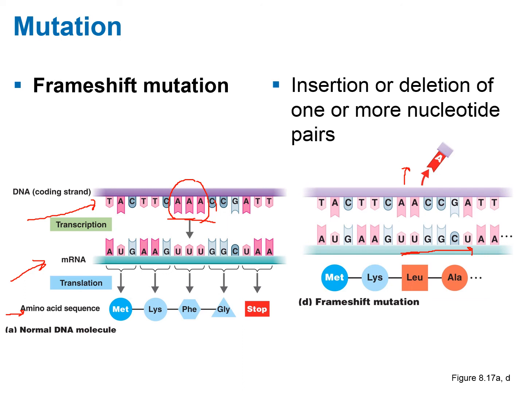So instead of getting UUU, we have UUG, and then we have GCU, and then we have AA and whatever comes after. The important thing is we lose the stop codon, and every amino acid after that point where the mutation happens, every amino acid is wrong. So this means that we are likely to get a non-functional protein because these amino acids will not give the protein its proper three-dimensional shape.